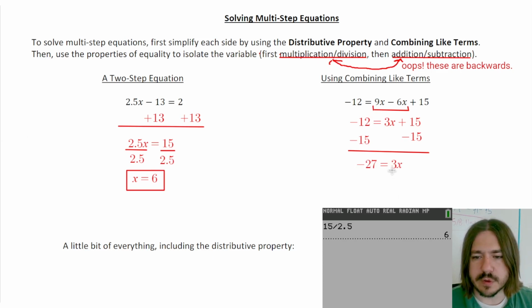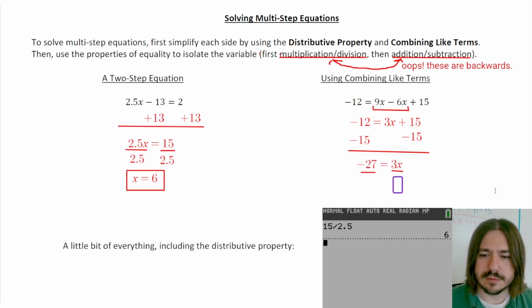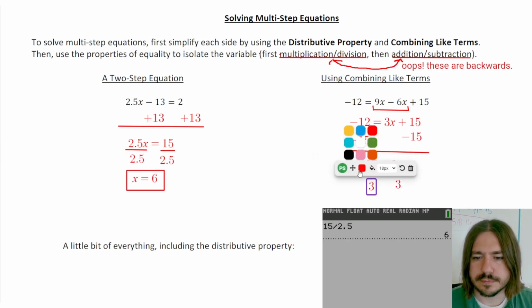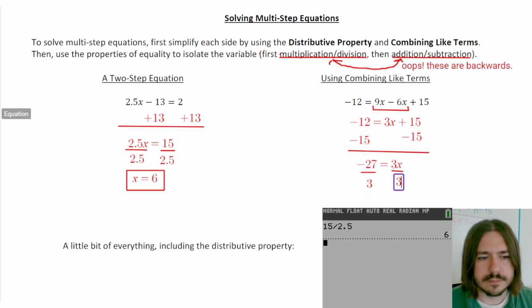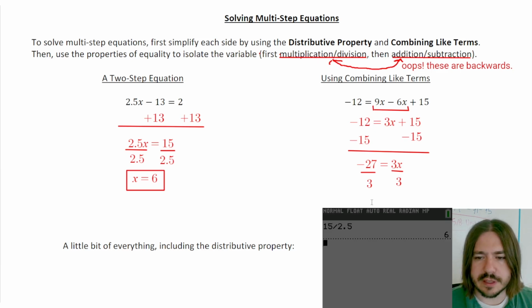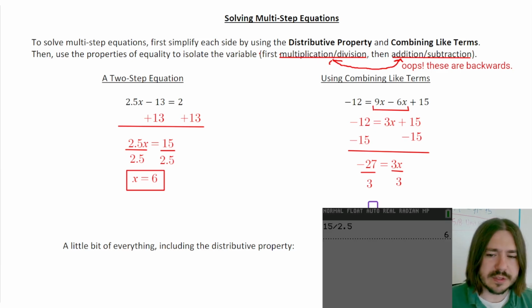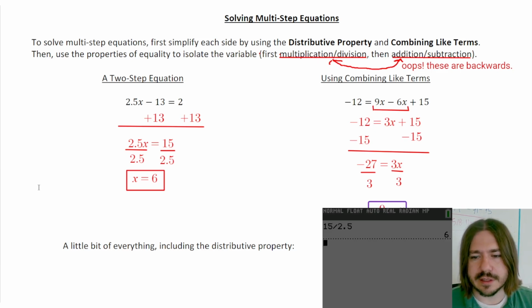So we're going to divide both sides by 3. Dividing both sides by 3 leaves me with negative 27 divided by 3, which is negative 9, and that's going to equal x.